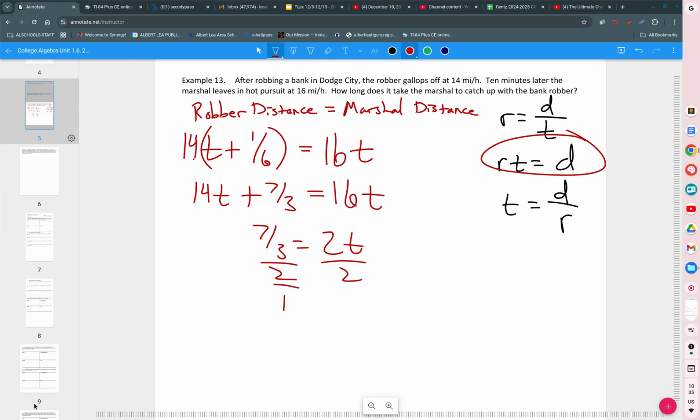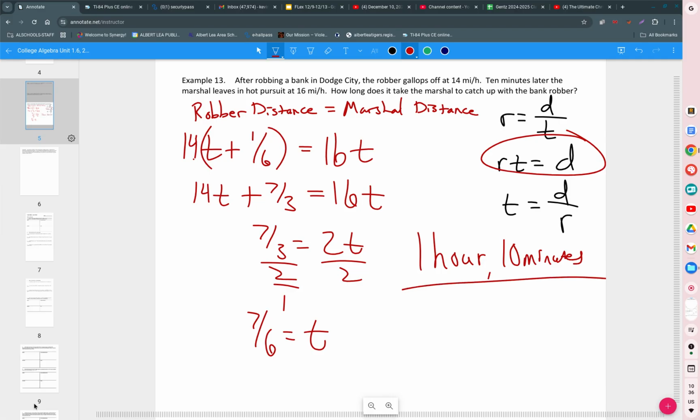Dividing by 2 is the same as multiplying by 1/2. I get 7/6 is equal to t. What does that mean? 1 hour and 10 minutes. Yes. And that's our answer.